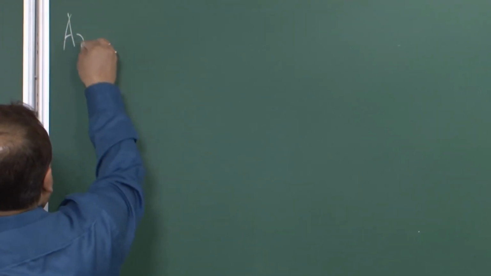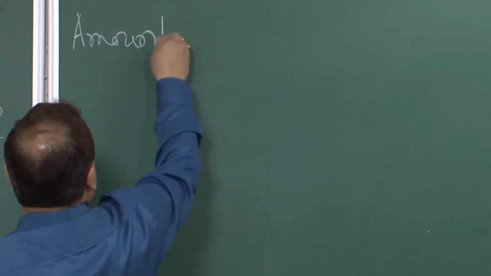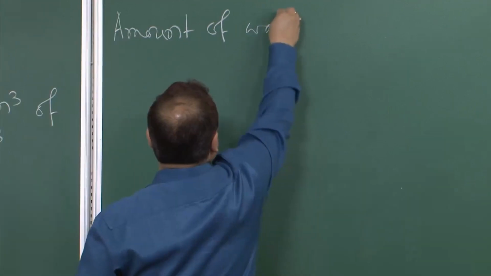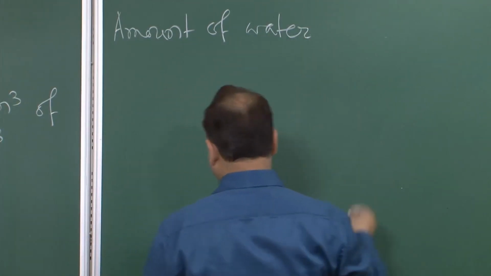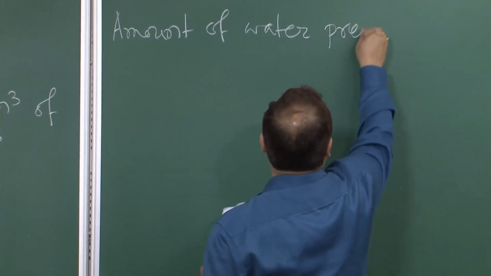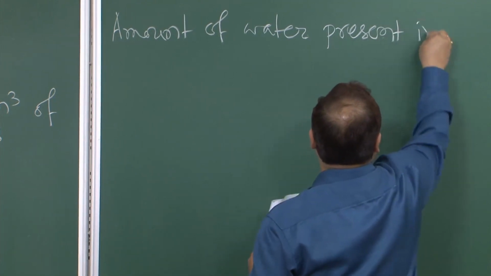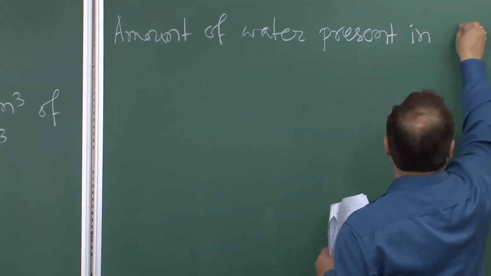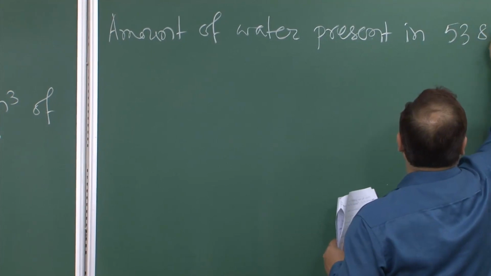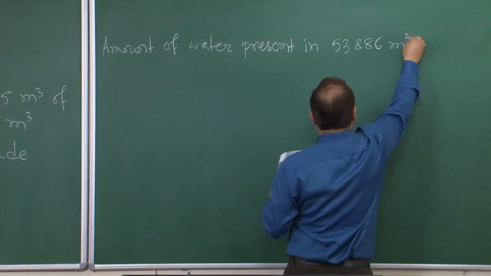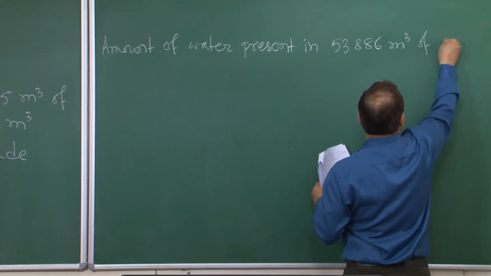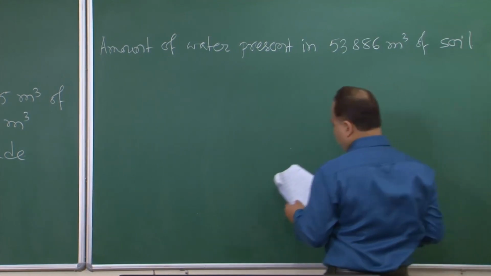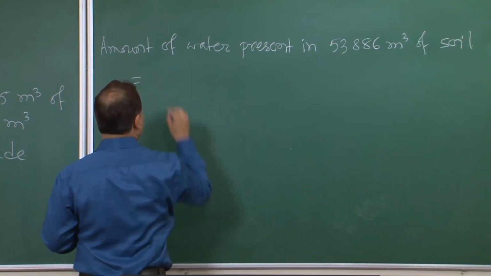Now the amount of water present in 53,886 cubic meter of soil is equal to what?